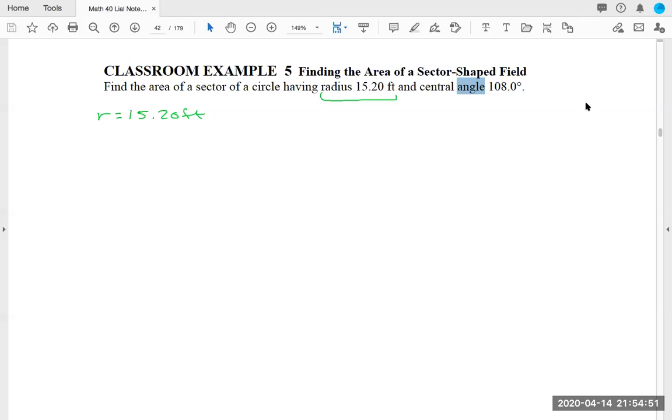And then you have your central angle theta right here. Okay. And we are looking for area. And we don't know. We have a formula for it though.